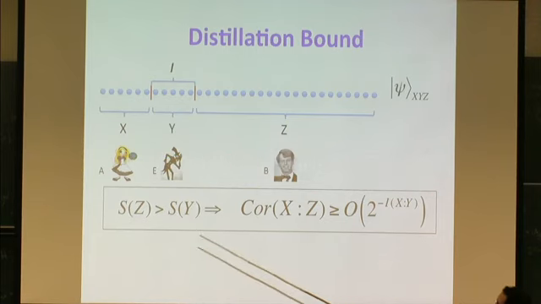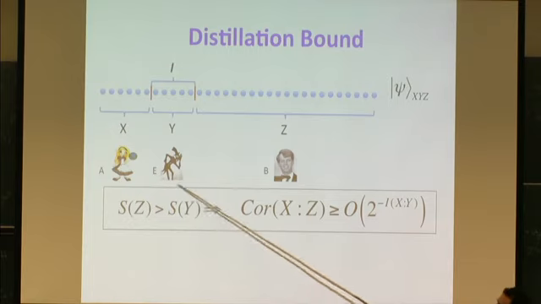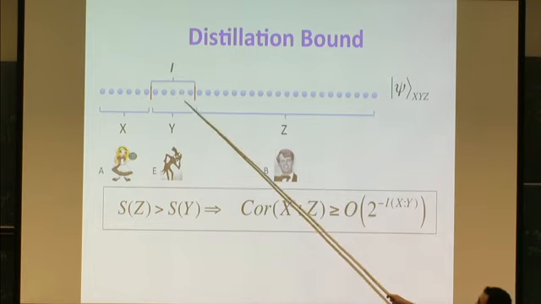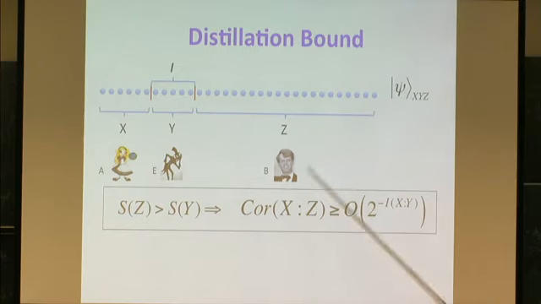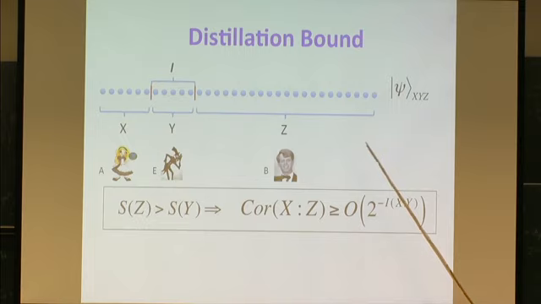This is the direction of what we want. It's a relation saying that if entropies satisfy something, then correlations satisfy something as well. In the direction that if the entropy of Z is bigger than the entropy of Y, then the correlations between Z and X, which is far away, are also bigger than something.